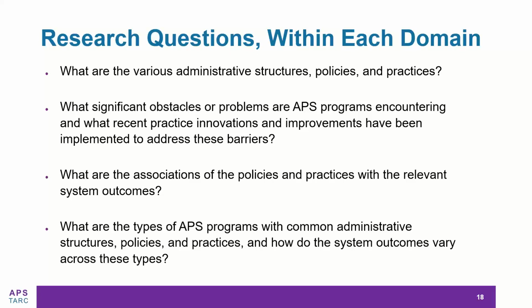We're also interested in the association of these policies and practices with the relevant system outcomes. We also looked at whether we could identify types of APS programs that share common administrative structures, policies, and practices, and whether the system outcomes might vary across those types.